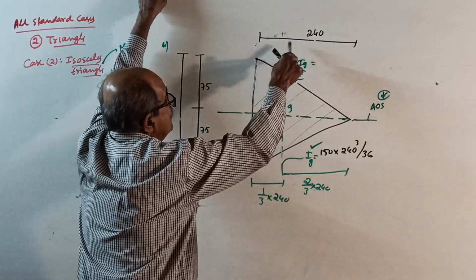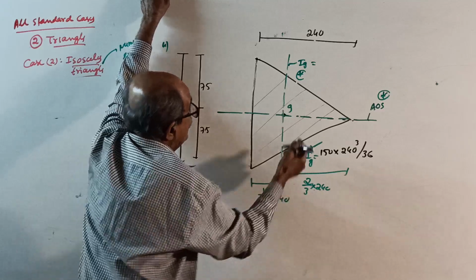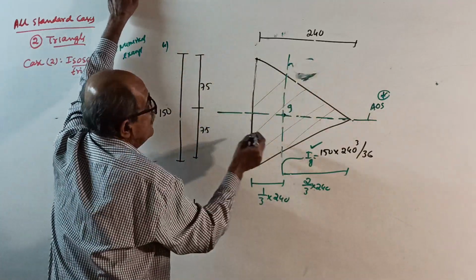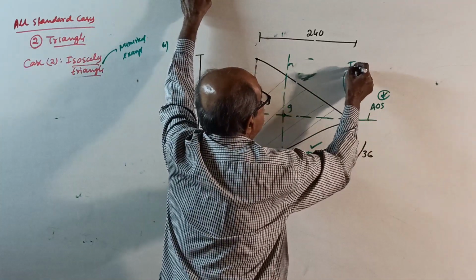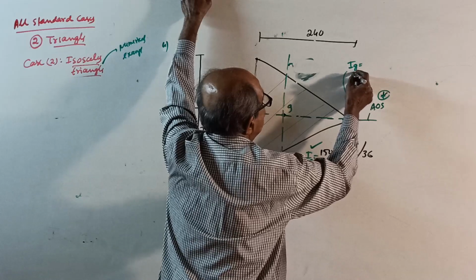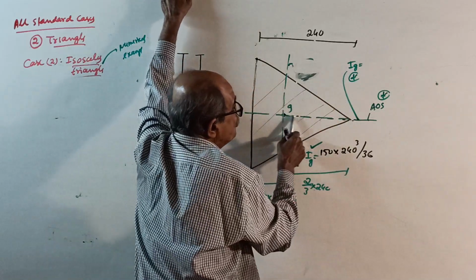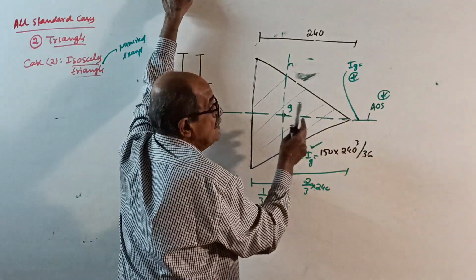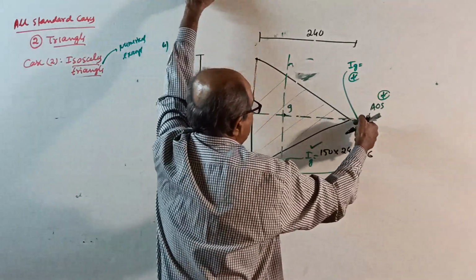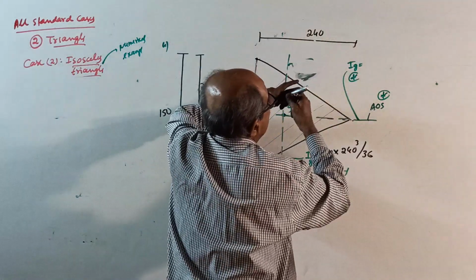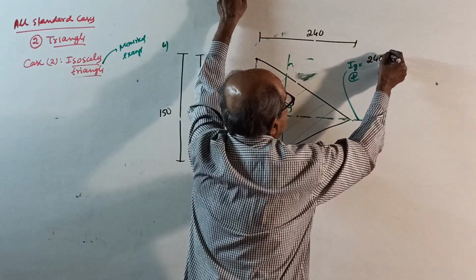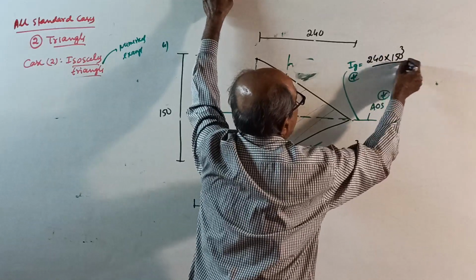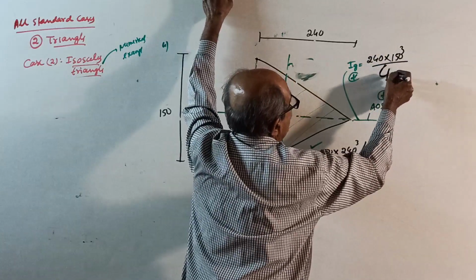This IG is star will come because this is the axis of symmetry and this is not the base, it is not the extreme edge. So special treatment required. Parallel side is 240 into perpendicular side is 150 cube. Same format, divided by 48.